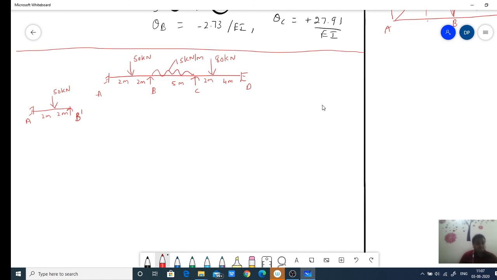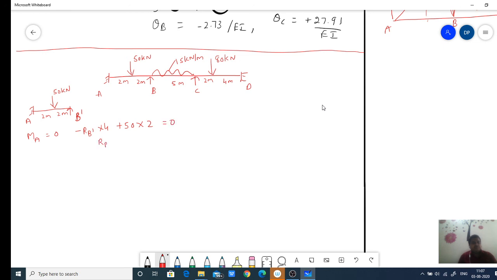Now I am taking moment at A is equal to 0. When moment at A is equal to 0, I need to calculate RB dash. So here my forces will be the same. This will be minus RB dash, the reaction at B. As I have taken minus because it is anti-clockwise, RB dash into 4, and then plus 50 into 2, equal to 0.